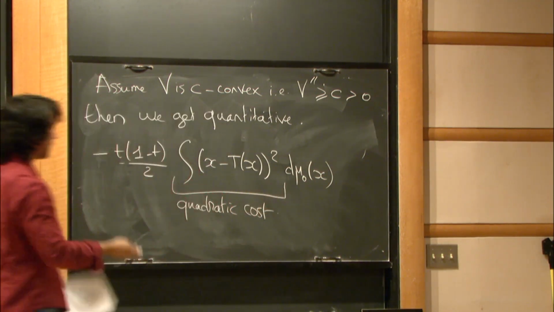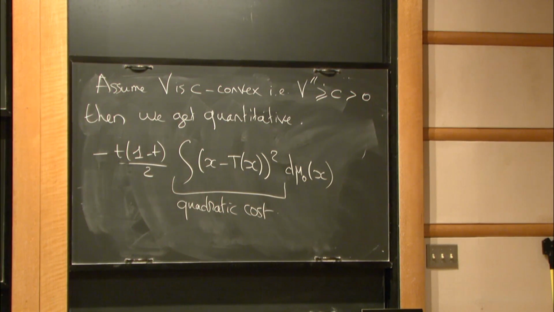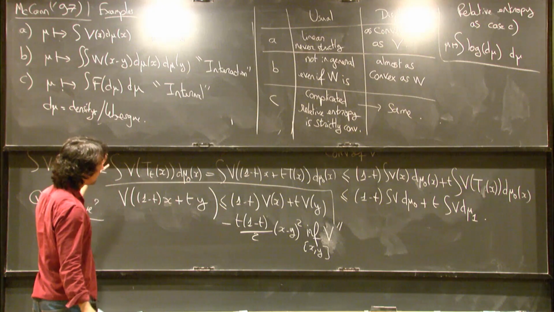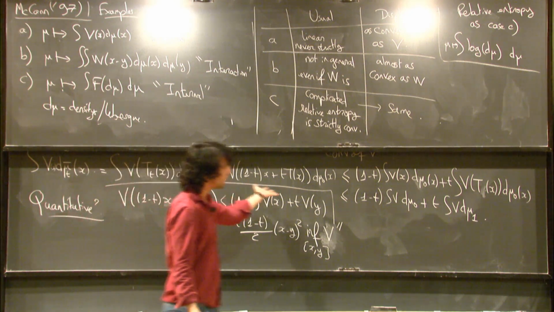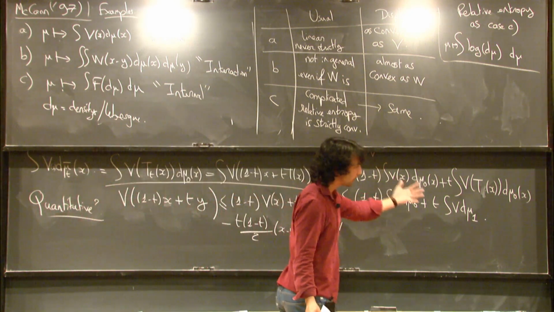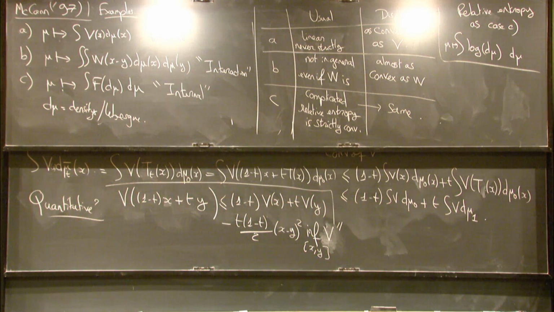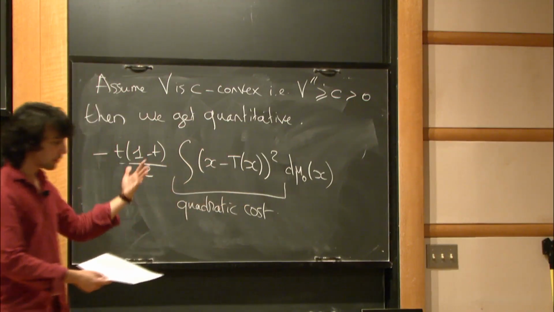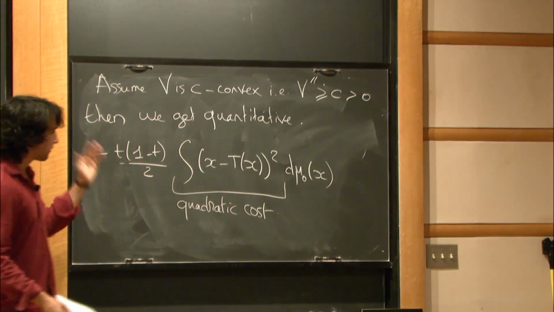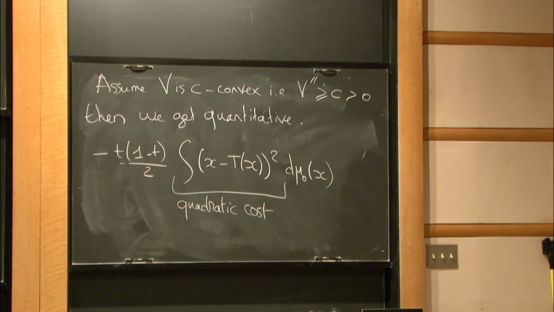So that's a baby example of a functional inequality where you have a quantitative convexity estimate, or displacement convexity estimate, that involves a certain distance between mu0 and mu1, which is here the minimal quadratic cost that you have to pay to transport mu0 onto mu1.